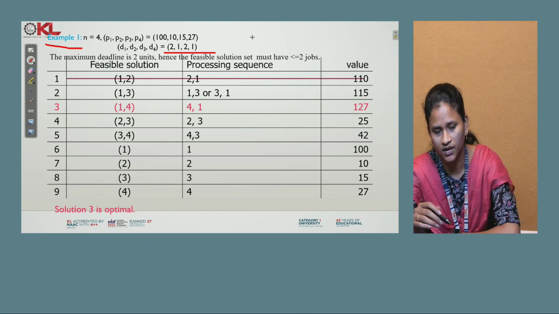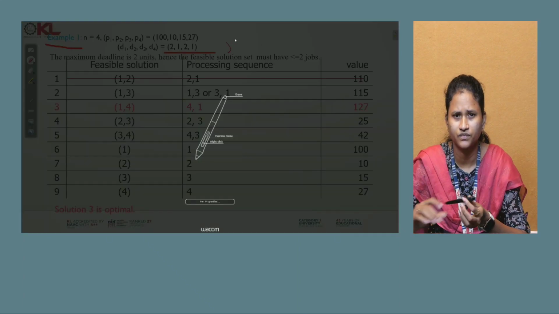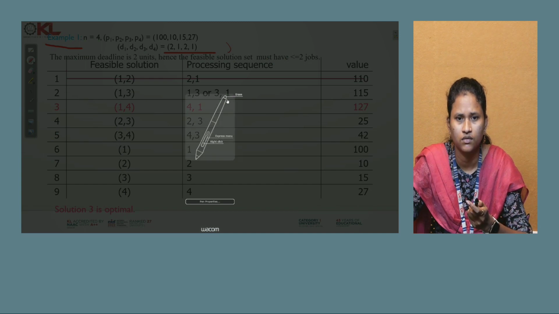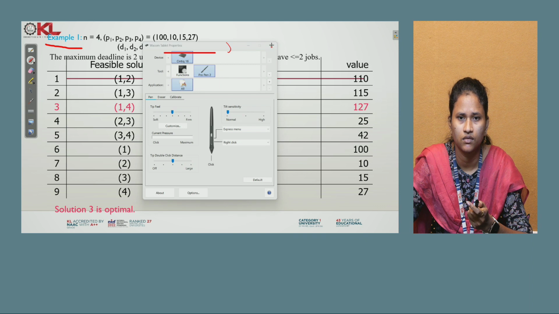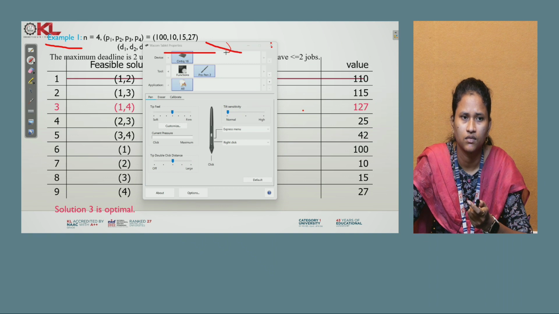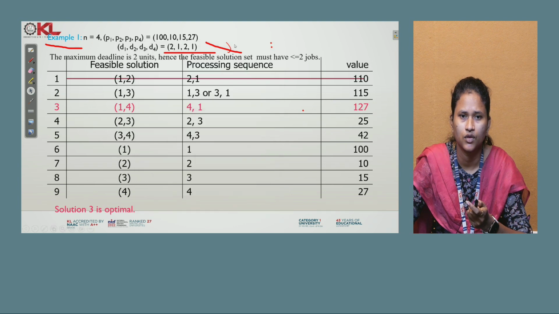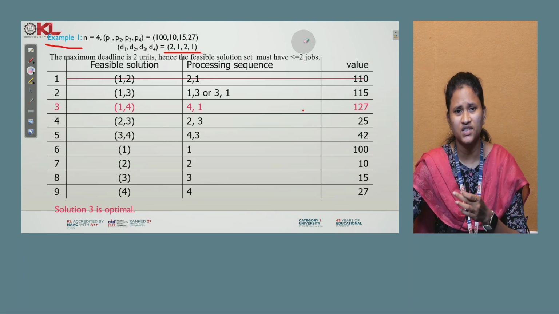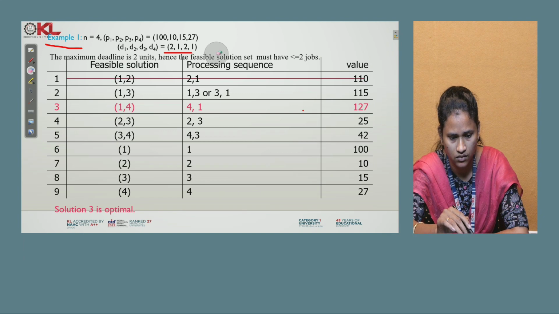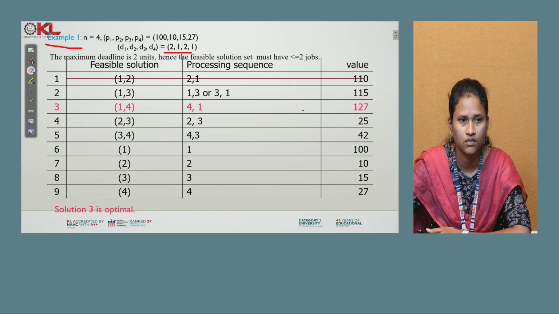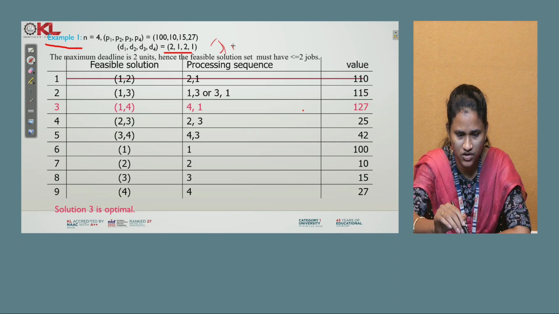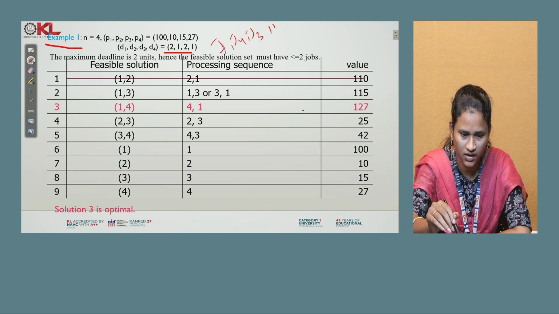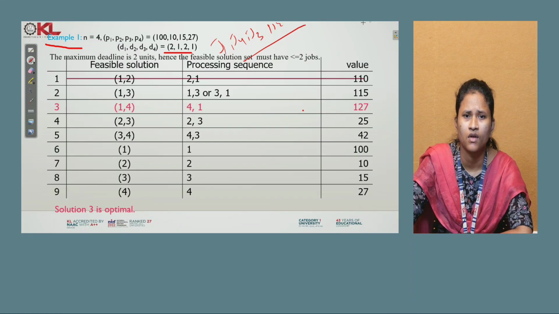This is the order, J1, J4, J3 and J2, based upon the profit values.